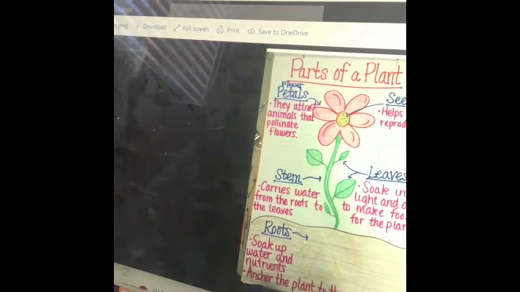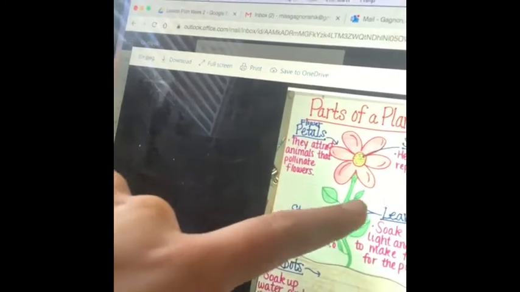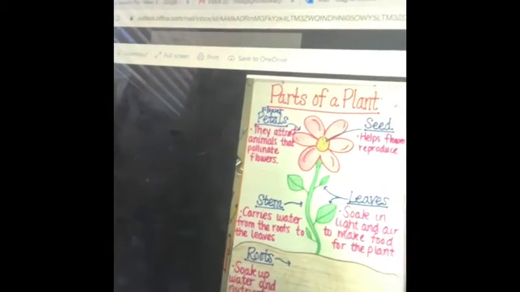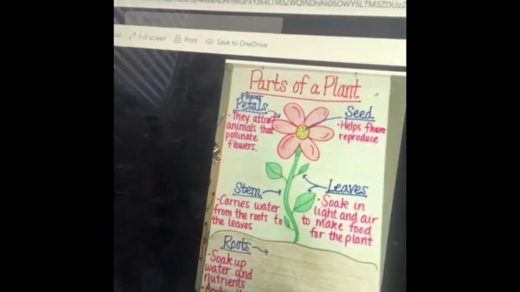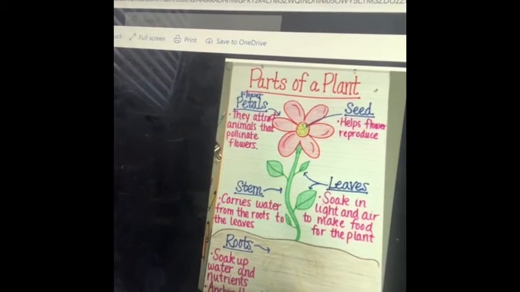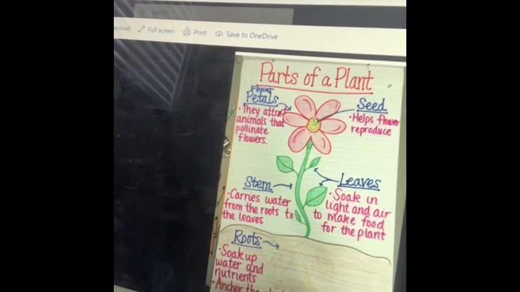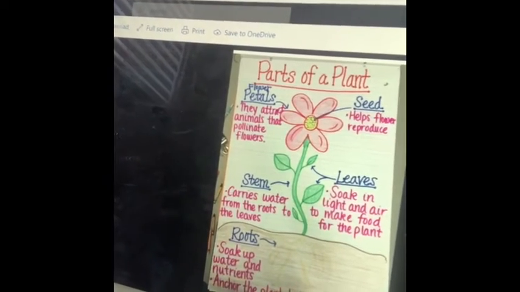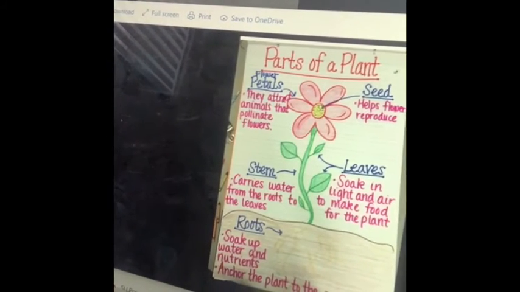And then the stem, which is the little skinny line here, carries water from the roots to the leaf. So that's very important because the leaves wouldn't be able to be nourished, and the flower wouldn't be able to grow if the water wasn't carried through that.